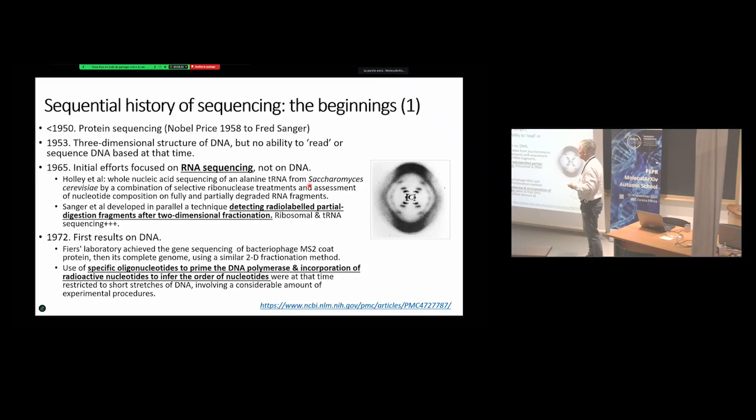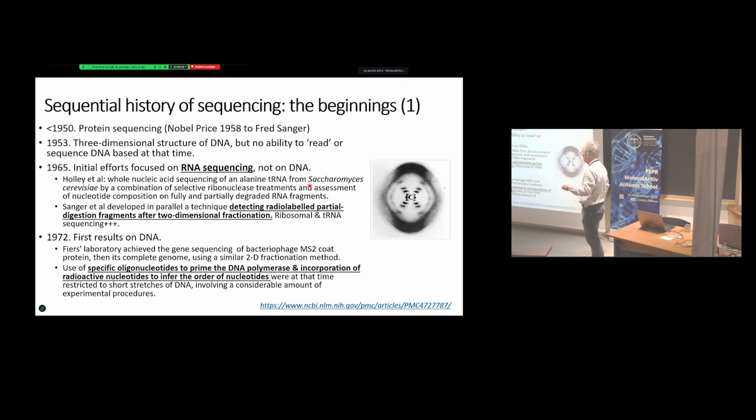And as I said, at the same time, Sanger started to develop an alternative technique in which he was using radiolabeling. So he was able to follow the partial digestion using radiolabeling of the RNA. He was resolving that by 2D fractionation, the old type of gels where you resolve the charge and the size of the fragments.